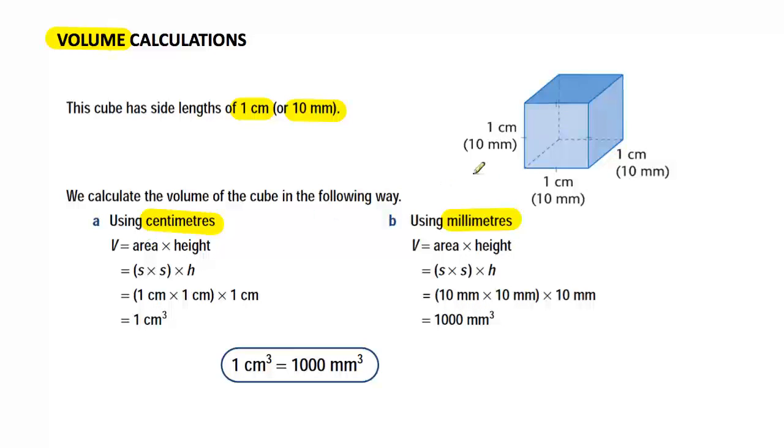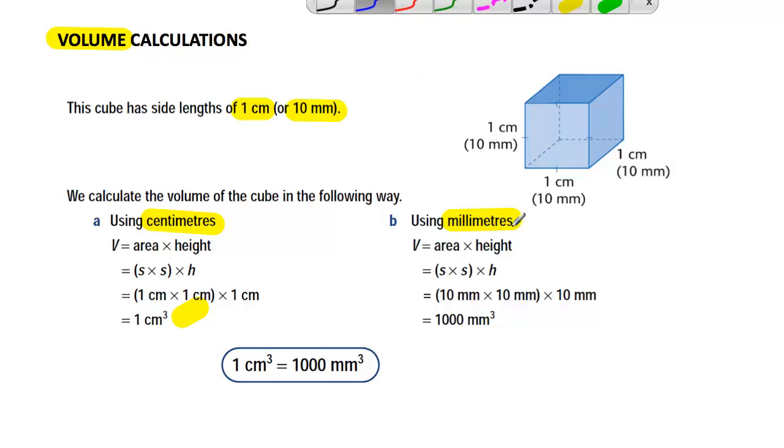So we can take the area of one side, side times side, and times it by the height of the object. So in this case, one of the surfaces is 1 by 1, and it's 1 centimetre long. And when you multiply all that together, you get 1 centimetre cubed.